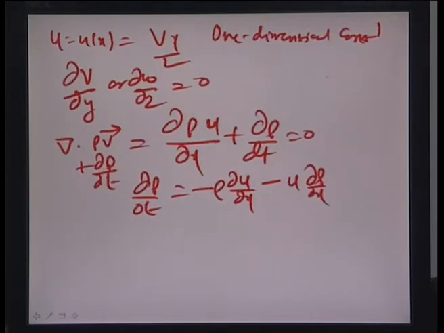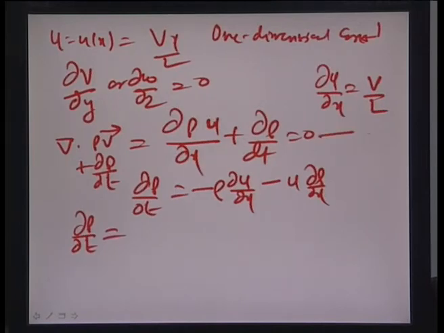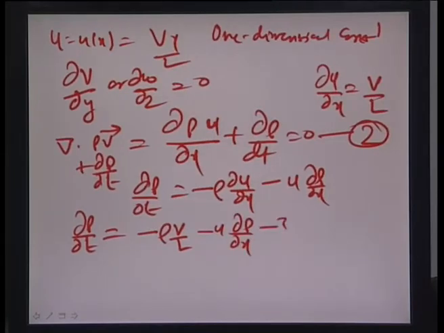As we know, ∂u/∂x is essentially a constant, v by L, and therefore we have also the value ∂ρ/∂t from equation 2 here becomes equal to minus ρ times v by L. So this is minus ρ v by L minus u ∂ρ/∂x. Let us say this is equation 3.